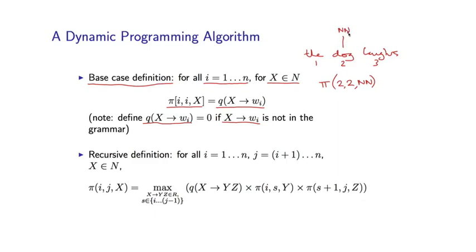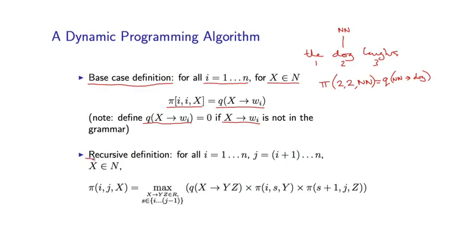There's only one possible parse tree, the parse tree with the single rule NN goes to dog. And so this is going to have the value of the probability of NN goes to dog. So that's a very simple case. And if there is no such rule in the grammar, we just define this to be equal to 0, reflecting the fact that the maximum probability is then 0 for any tree spanning the single word dog with NN as its root. So that's the base case of the dynamic program.